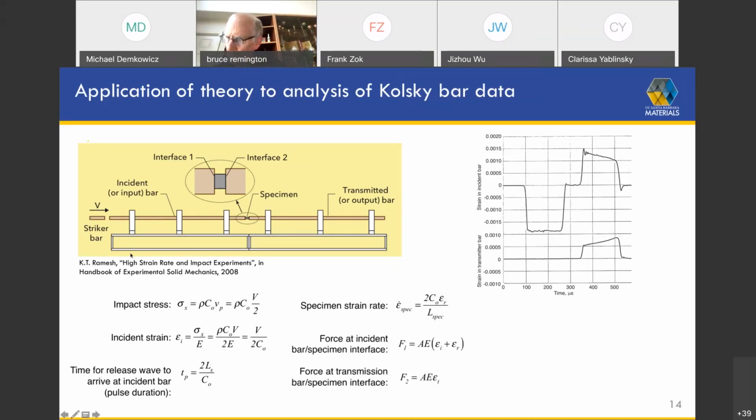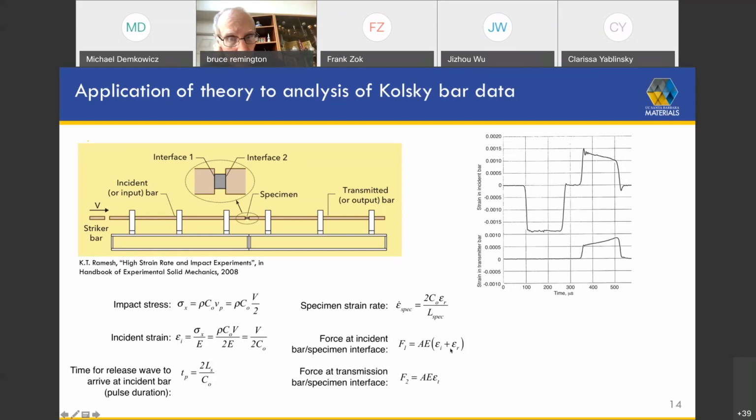All right, well, we can go through this analysis and continue this analysis to work out what the strain rate of the specimen is. This is effectively the displacement rate divided by the specimen length. The R here corresponds to the reflected strain in the incident bar.